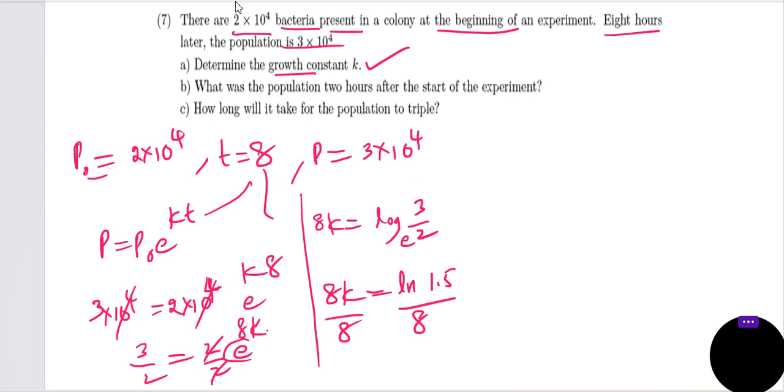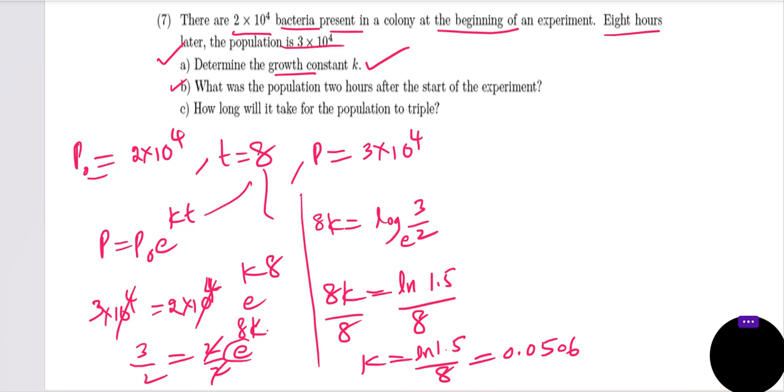So if we divide by 8 on both sides, k is ln 1.5 over 8. This value we can find with the calculator. This is not log, it is ln. So if you go for ln 1.5, 0.4054, divide 8, which gives 0.0506. This is the answer for A.